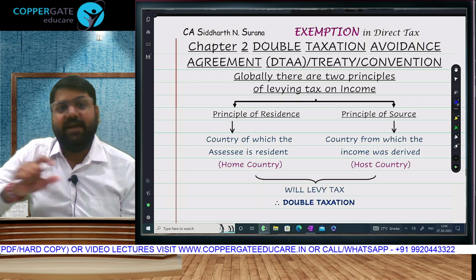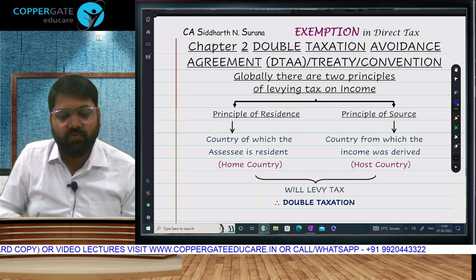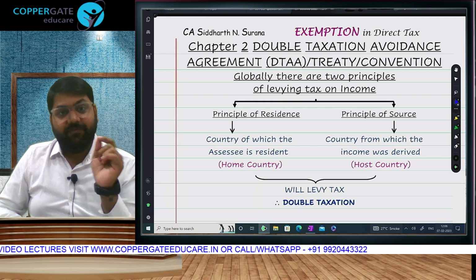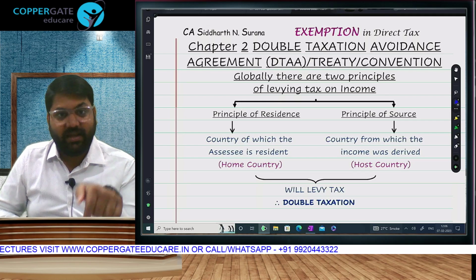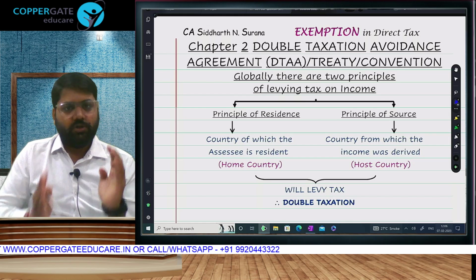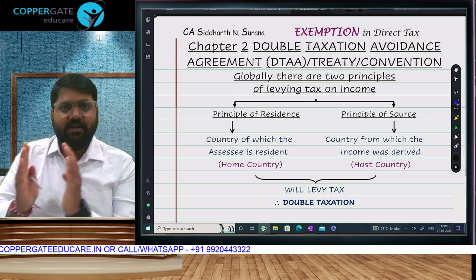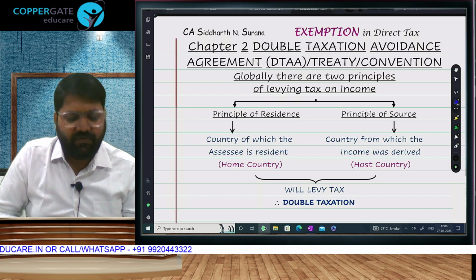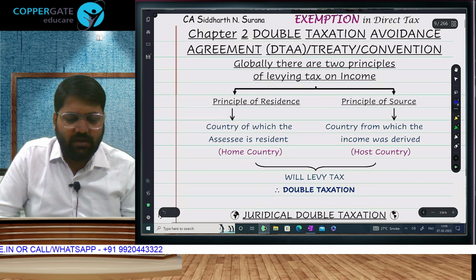If that entire lecture is irrelevant for intermediate students, in the description I will write that it is only for final CA. And if there is a relevant part for inter students, like today the tax rates in the introduction, which is of course relevant for inter students also, I will mention that the following topics are covered in this video for inter students, and of course for final, everything that I am doing is applicable.